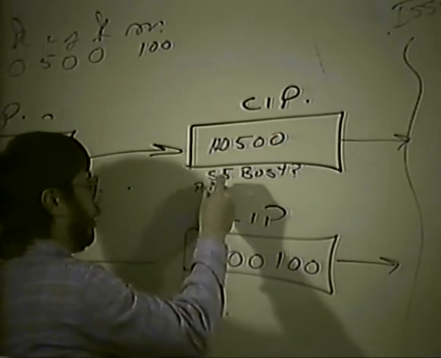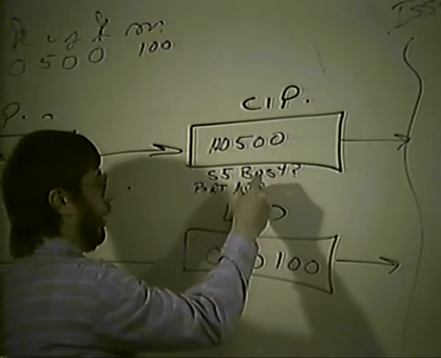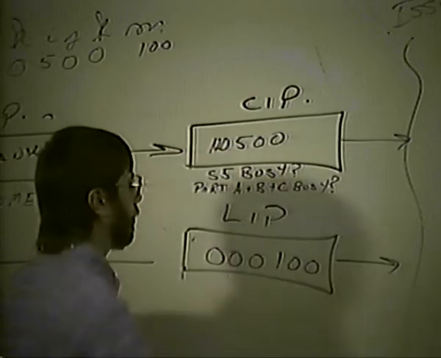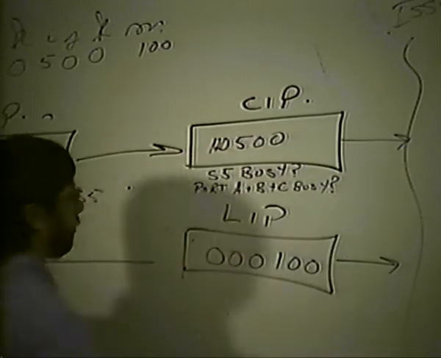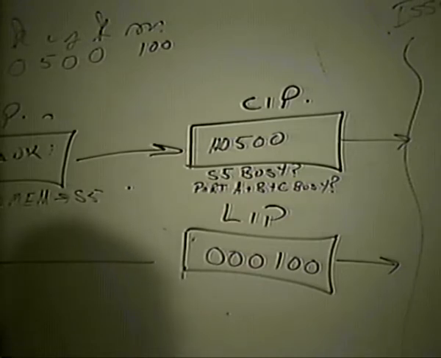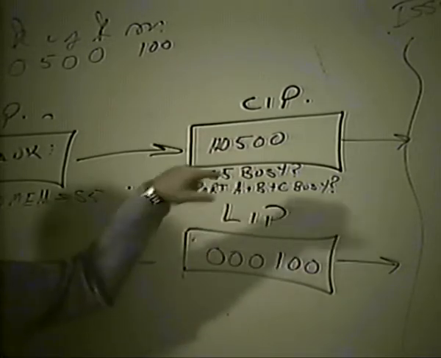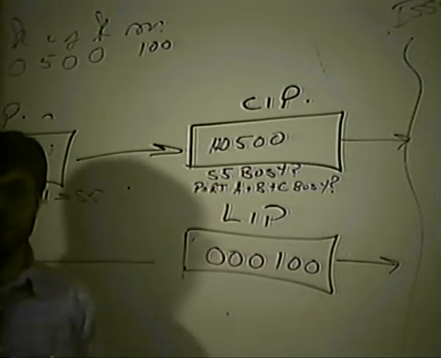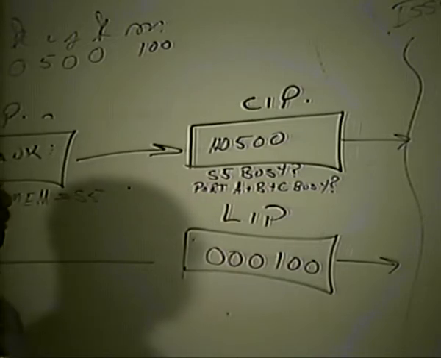Port A or B or C busy. If there's another reference of any type, block transfer reference ahead of us that's reserved, port A or B or C, this instruction will stay in CIP until that condition goes away. If there's nothing else stopping us, this instruction will then issue.